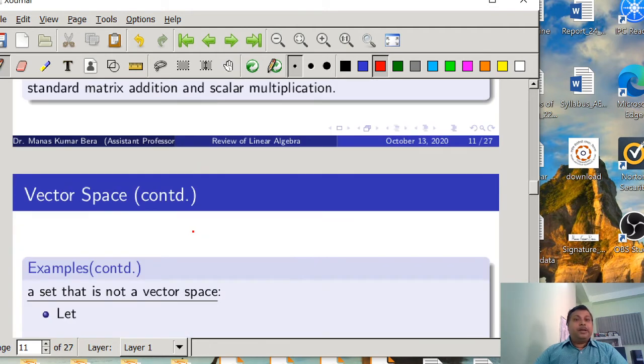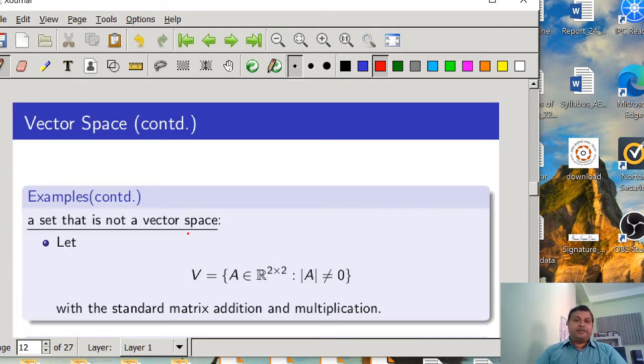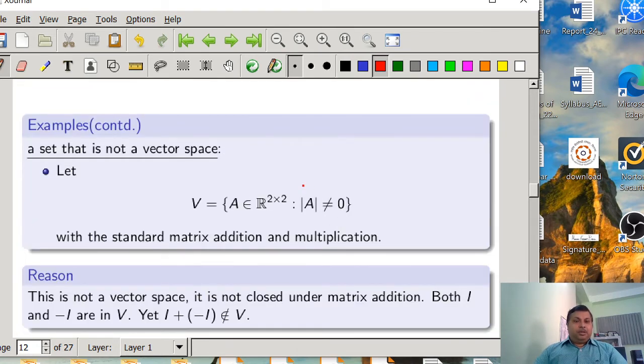Fine. So now we will give an example which is not a vector space, then it will be clear what we are not calling a vector space. Suppose we have chosen a set V where we have included all the matrices with dimension 2 by 2 and all elements real, such that the determinant of A is not equal to 0.